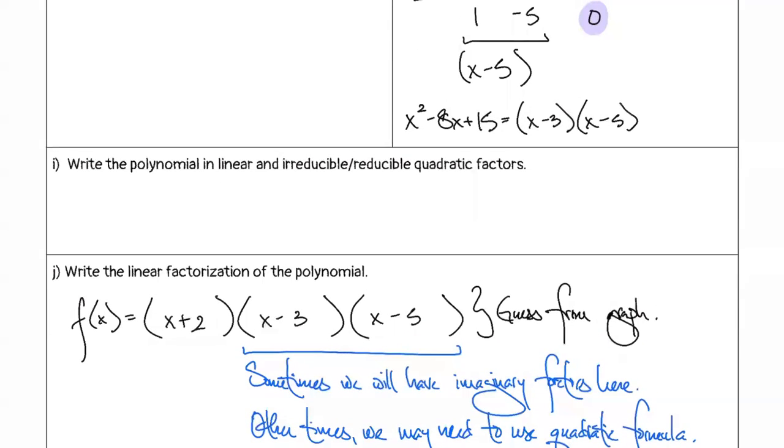Now I sort of skipped a step here. It says write the polynomial in linear and irreducible or reducible quadratic factors. All that means is the first 0 we put in, that x plus 2, and then our factor x squared minus 8x plus 15.